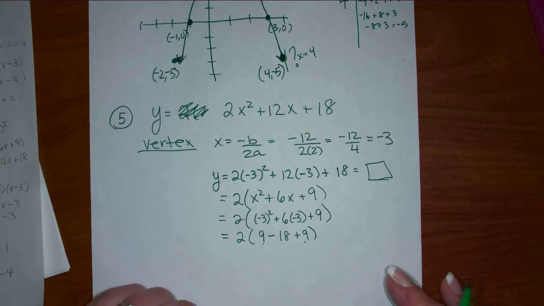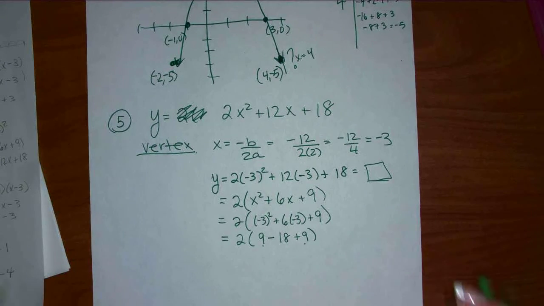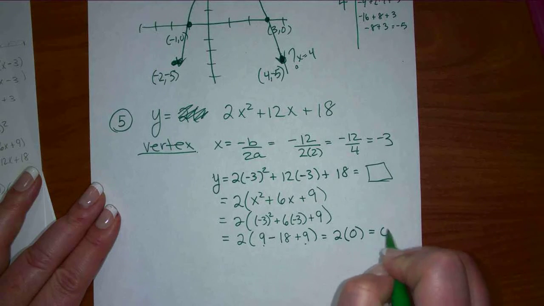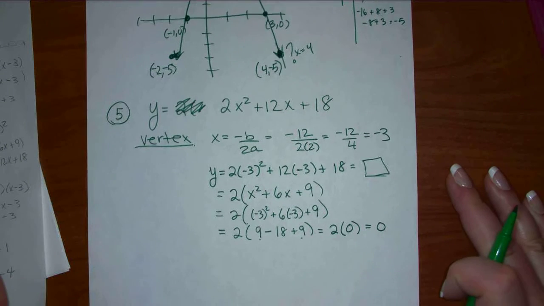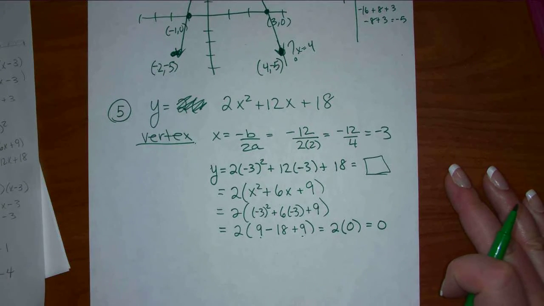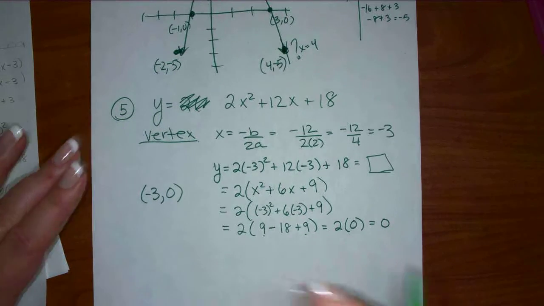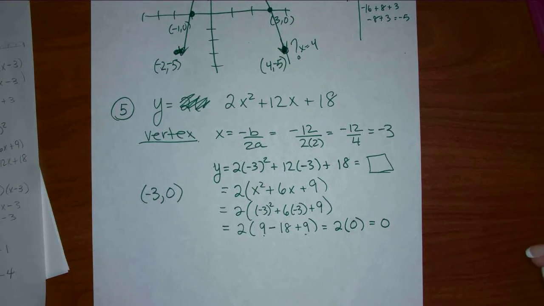So what do we get here? 0. 2 times 0 is 0. So y is 0, and that's okay. Because is not negative 3, 0 a point on the graph that we could draw? Right? So the vertex just happens to be at 0.